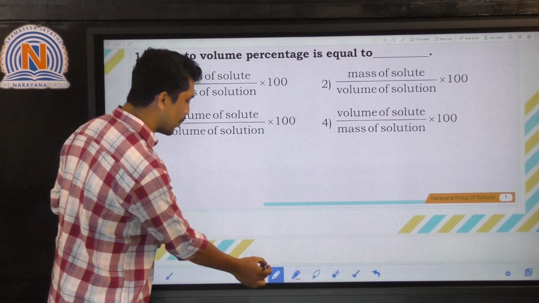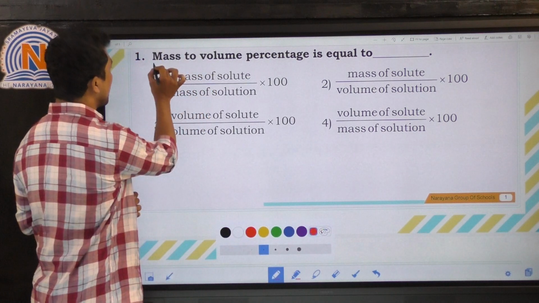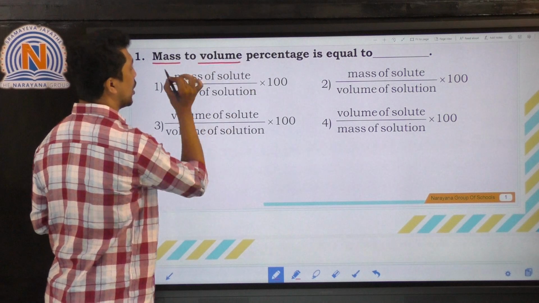So here we need to focus on 2 points. The first one is mass, another one is volume.